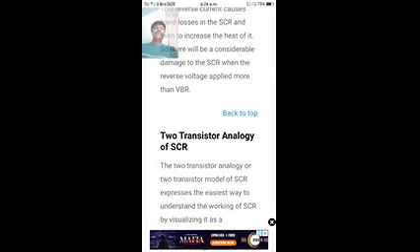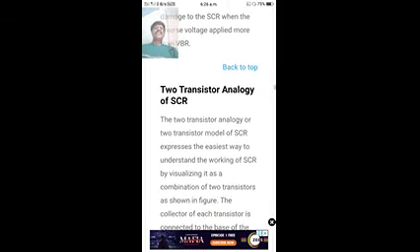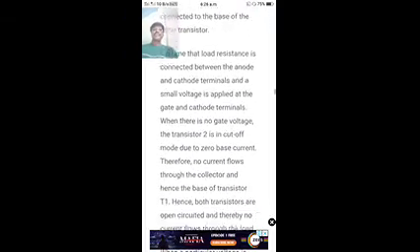Coming to the two transistor model of working of SCR. The two transistor analogy, or two transistor model, of SCR is the easiest way to understand the working of SCR. By visualizing it, SCR is a combination of two transistors as shown in the figure.